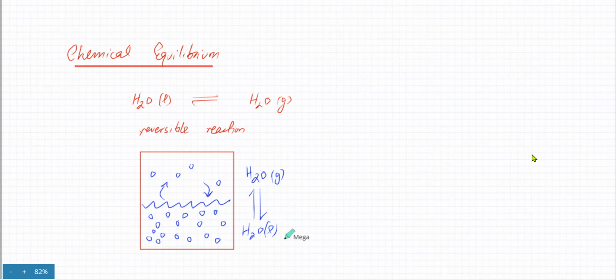This is known as equilibrium. Equilibriums are only reached when the rate of forward reaction and the rate of backward reaction are equal. This is known as dynamic equilibrium. The first thing they're going to ask you about is the definition of what a dynamic equilibrium is.